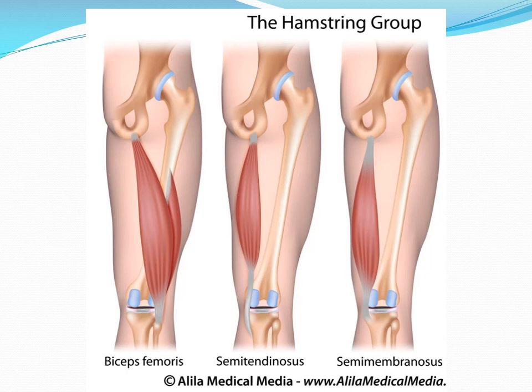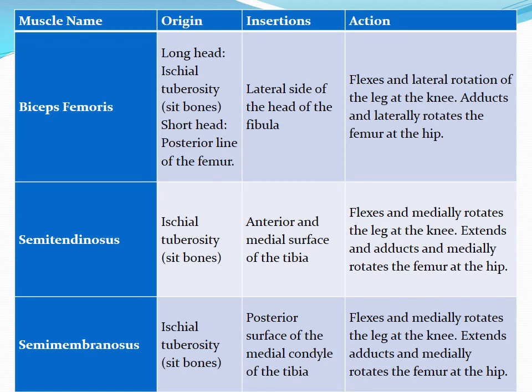The semimembranosus is more membrane-like. It's a flatter muscle, and the semitendinosus is going to have a longer tendon and sits on top of the semimembranosus. So the biceps femoris is going to arise at the ischial tuberosity on the pelvic bone. Then the other head of it is going to be part of the femur, and it's all going to insert onto the head of the fibula.